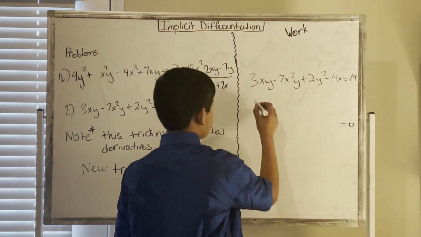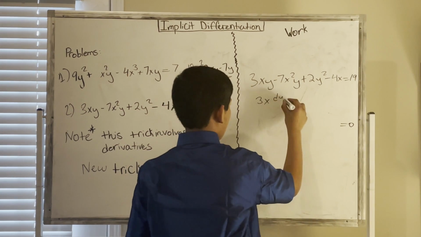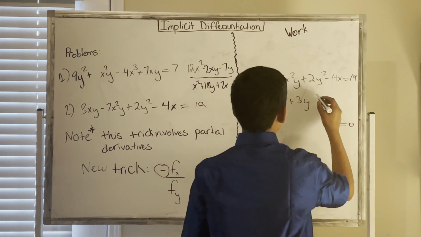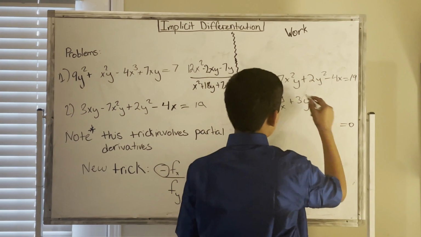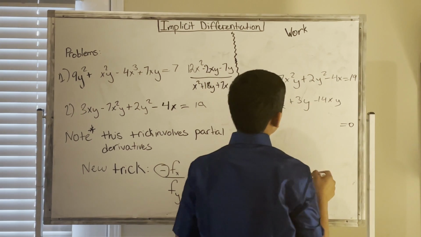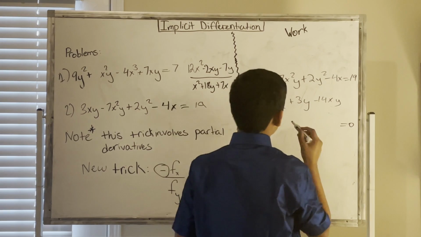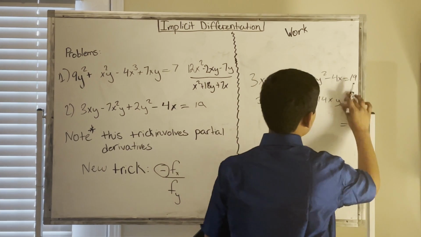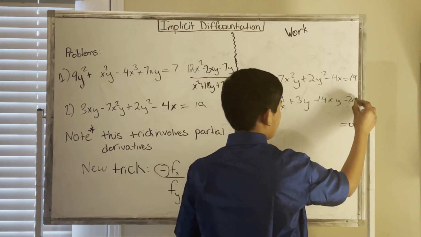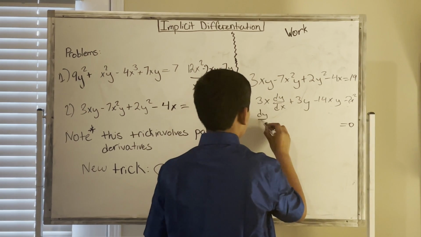So 3xy becomes 3x dy dx plus 3y, and then this becomes minus 14xy, and then minus 7x squared dy dx.